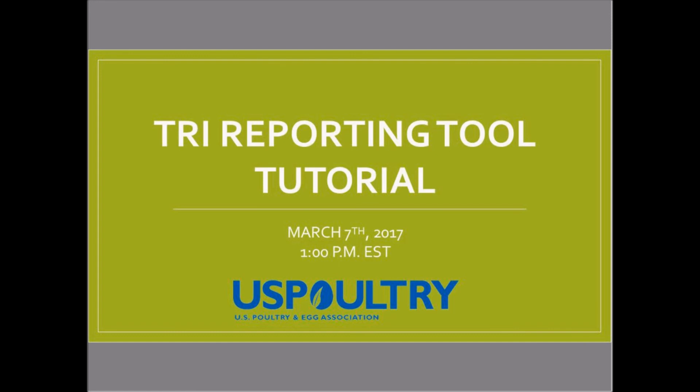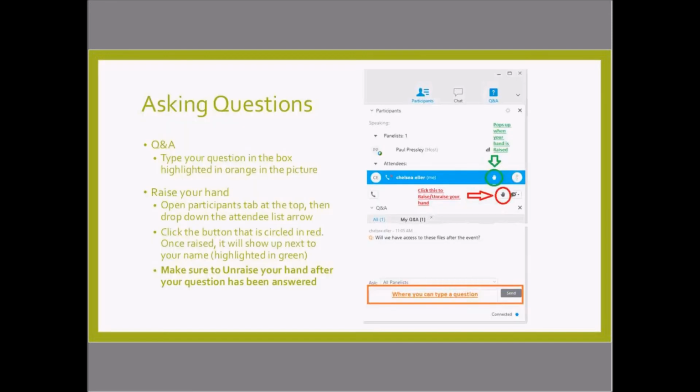I guess with that, I'm going to go ahead and turn it over. We've got this set up to run through the form. You'll see on the screen that we have posted directions as far as asking questions. It is our intent today to respond to questions that you may have.